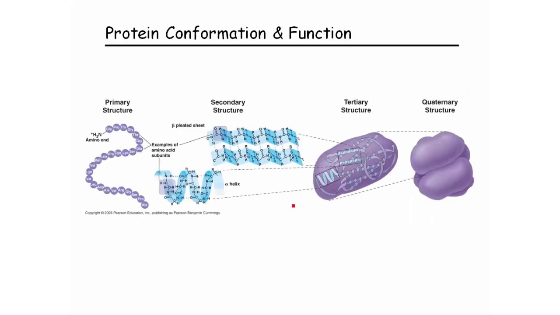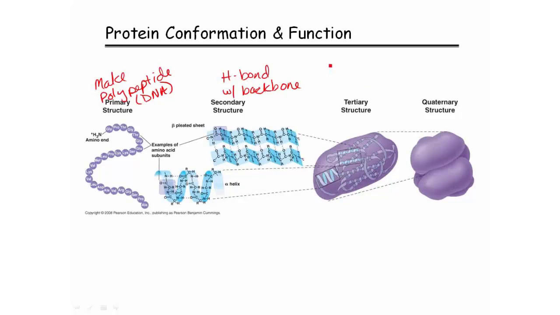So just to review it all, the primary structure is just making the polypeptide. This is going to involve dehydration reactions that make the peptide bonds, and the information for that is going to come from the DNA. With the secondary structure, it will be hydrogen bonding, and that will be with the backbone.